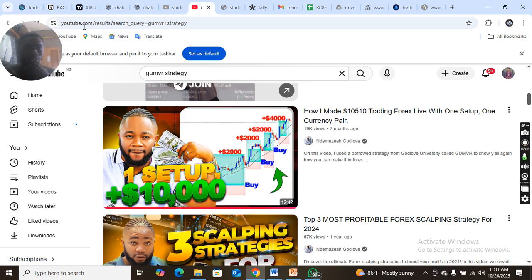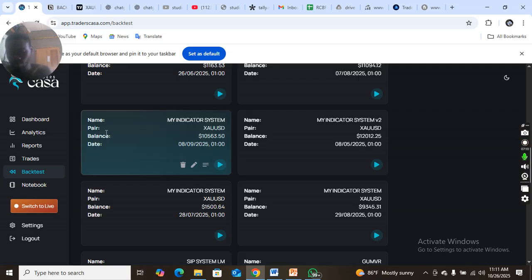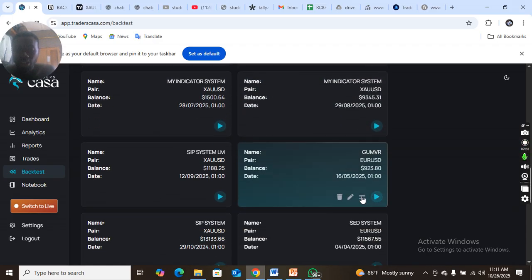It's not that deep. I backtested the strategy. So without further ado, let's go. You can see right here, this is the strategy.